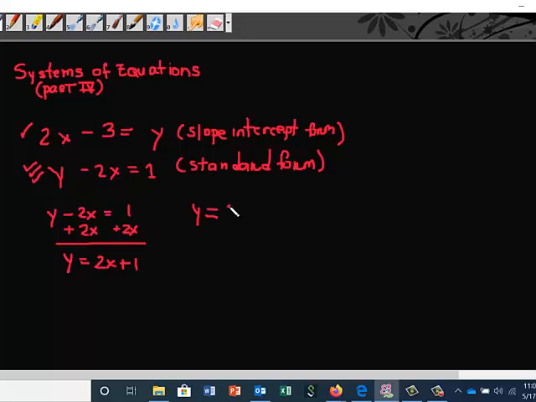We have 2x minus 3 is equal to y, but it's the same as y is equal to 2x minus 3. And the reason I wanted to write this is to be consistent with the other equation, which is 2x plus 1. So it's easier for you to see what's going on here.